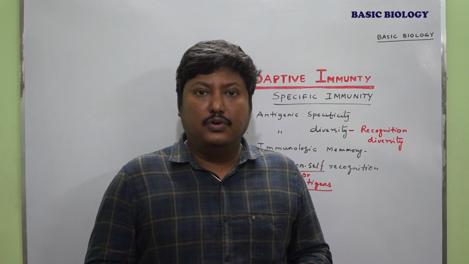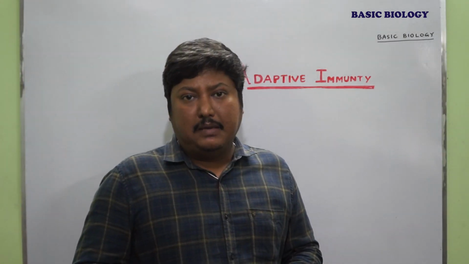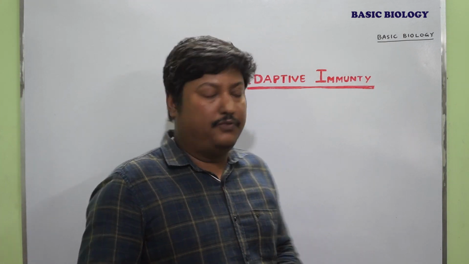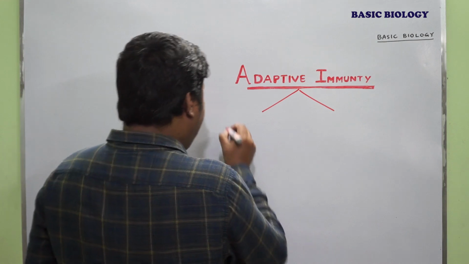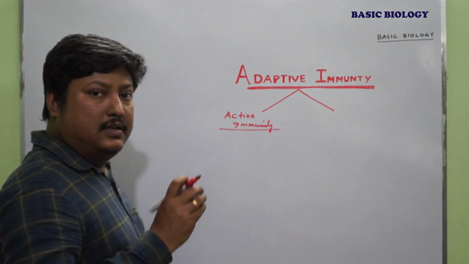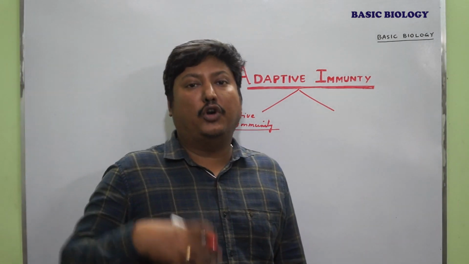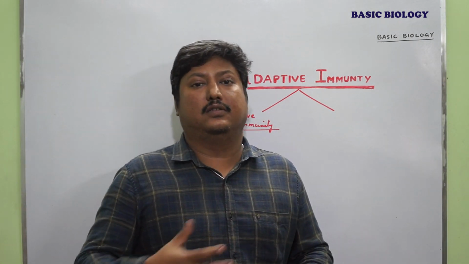Now we come to the different parts of adaptive immunity. Our adaptive immune system consists of two kinds of immunity. One is active immunity. In this immunity, the host or our body system directly interacts with the antigen.